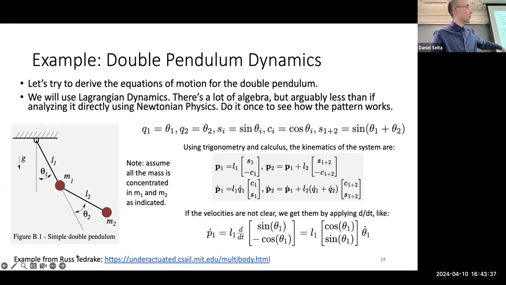You can find the reference from Russ Tedrake here, but the online textbook doesn't actually go through the algebra. I'd like to show how it's done, just so you can see it once, and then remember it once for here, once for the final, and then maybe you don't do it again. Or at least you code it up, and then you rely on your code to do it for you.